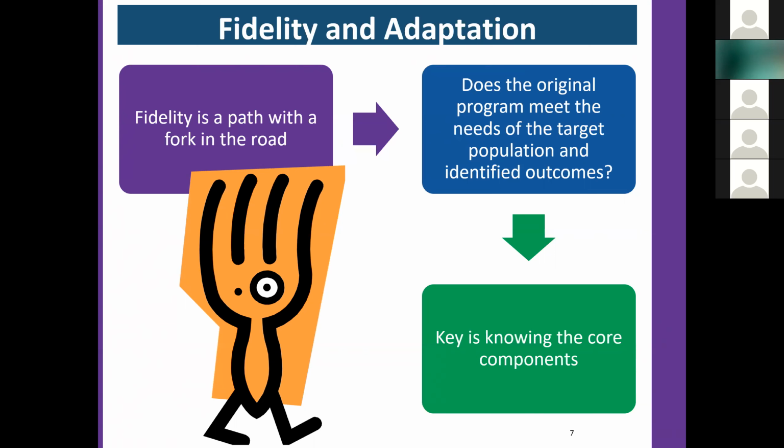If you talk to some developers and say, hey, we want to do this, but we need to change X, they may or may not know if changing X is going to impact the outcomes that you're likely to see with that program. And so having those conversations with the people that designed the evidence-based model is really important.